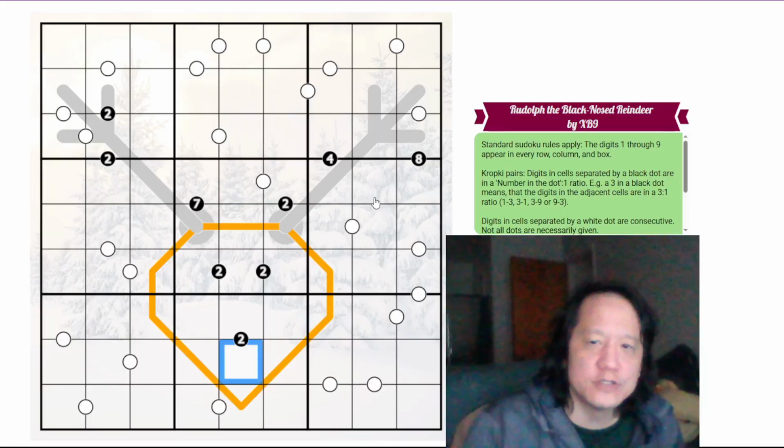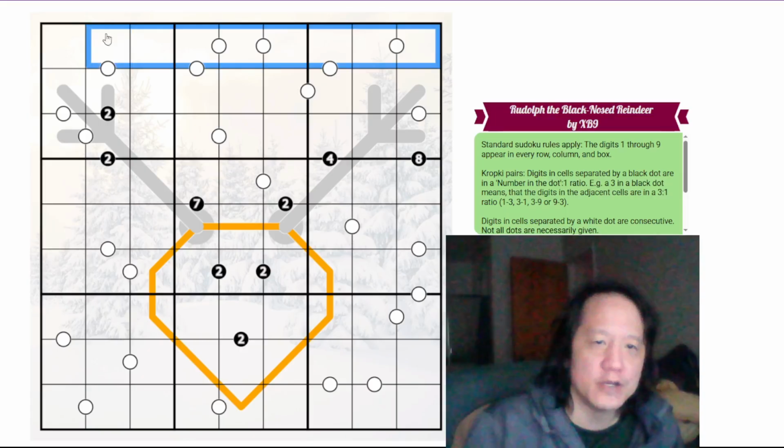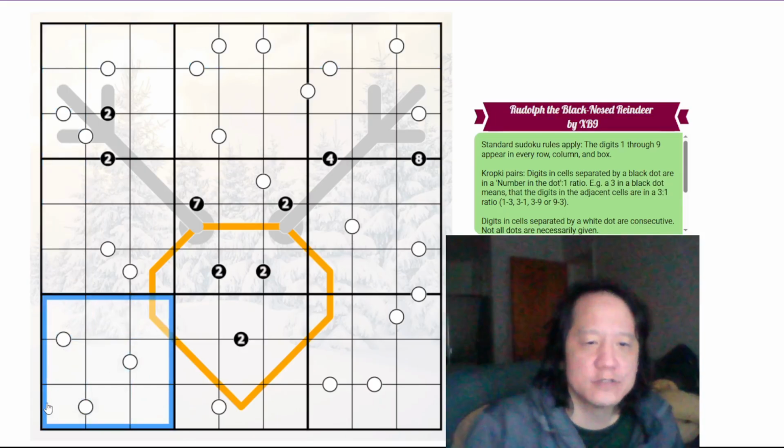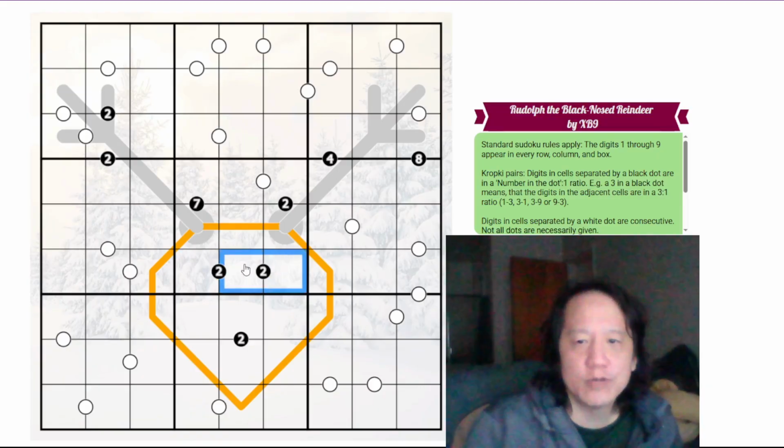We have standard Sudoku rules apply, which means the digits 1 through 9 appear in every row, column, and box. We have Kropki pairs, where digits in cells separated by a black dot are in a ratio.